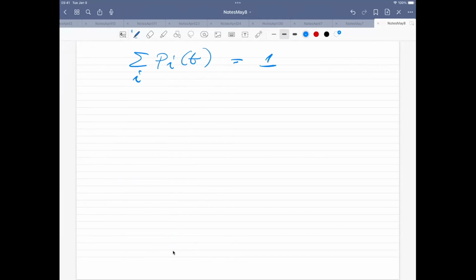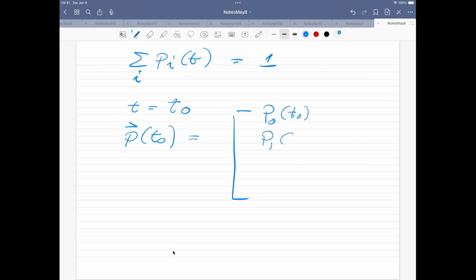So if I look at the time t equal t0, what we would have is p as a vector of t0, which is simply this column vector where we have p of 0, element 0 of t0, and so on, all the way down to all the possible states which we can access with this probability.